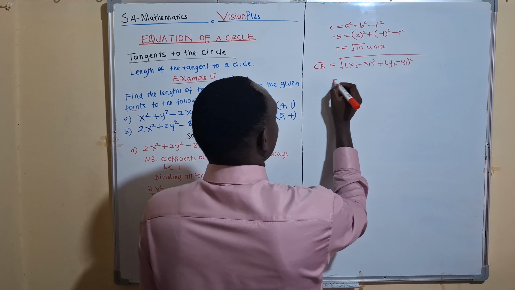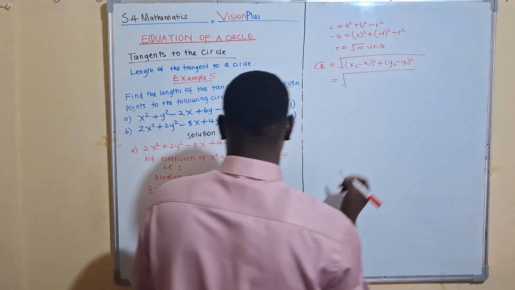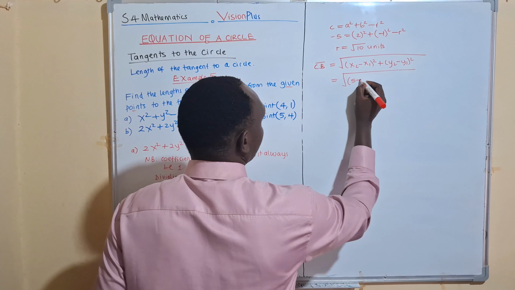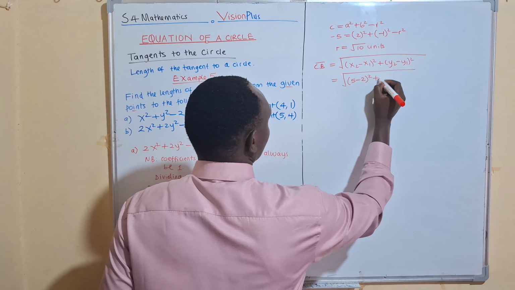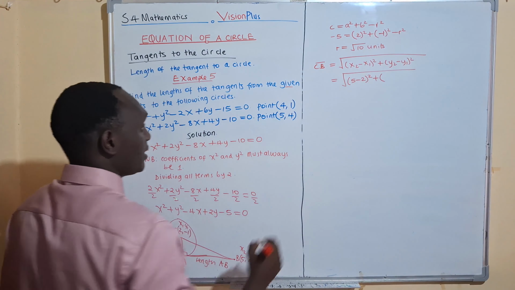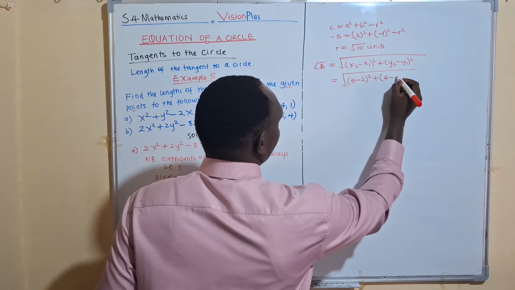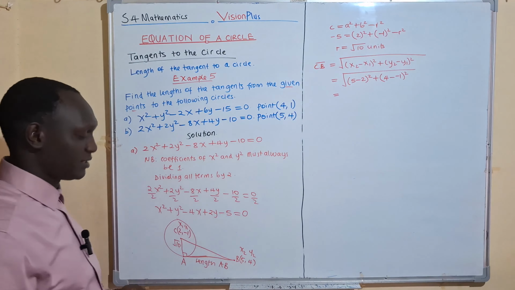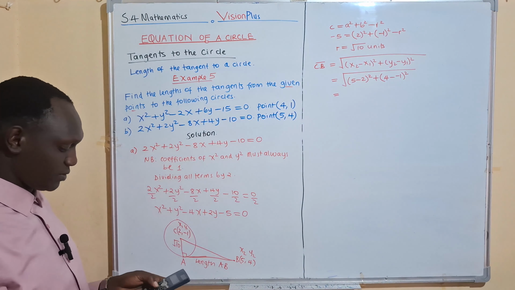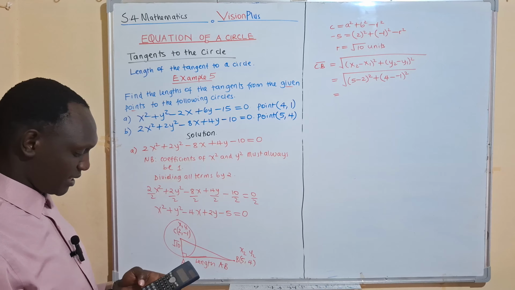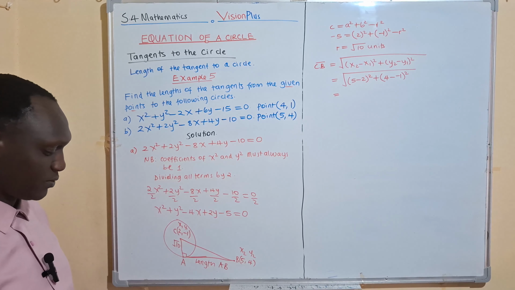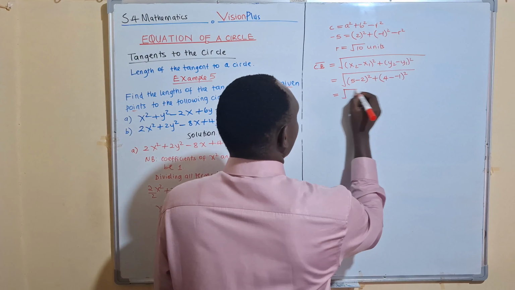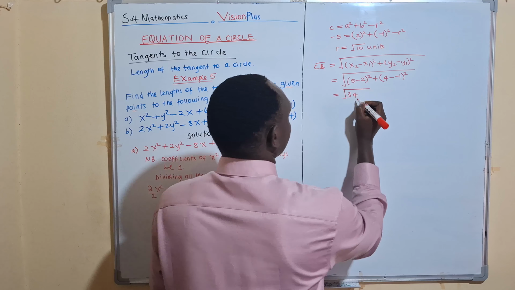And then you substitute for these values. x2 is 5 minus x1, which is 2, squared, plus y2 is 4 minus negative 1, squared. Then you use the calculator: 5 minus 2 squared plus 4 minus negative 1 squared. I'm getting 34. So here we are getting root of 34.